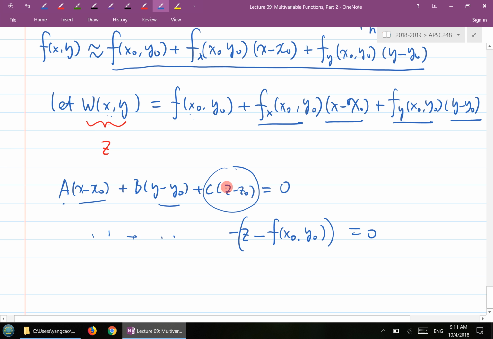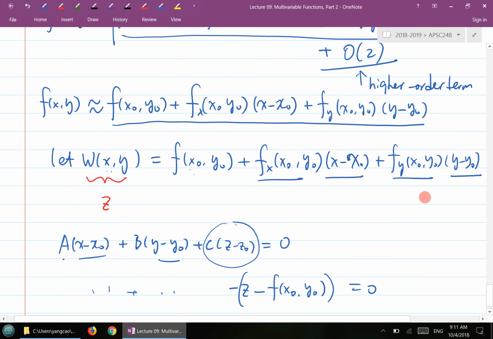So that's exactly the same format now as a plane equation. The c value here equals -1. So basically, what I'm trying to say is, this whole right side is used to approximate the function f, and what we use here is basically a plane.